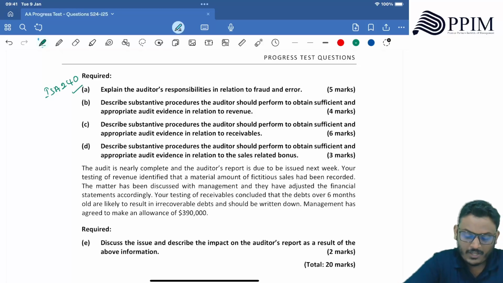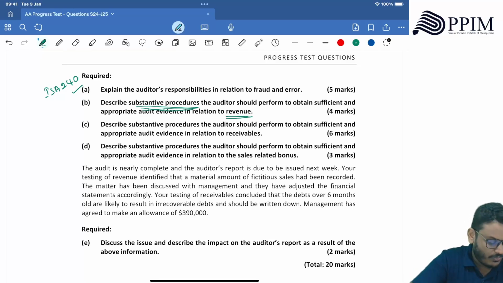Describe substantive procedures the auditor should perform related to revenue. Already we discussed this in the class. So normally when we are talking about substantive procedures over revenue, how are we going to check?